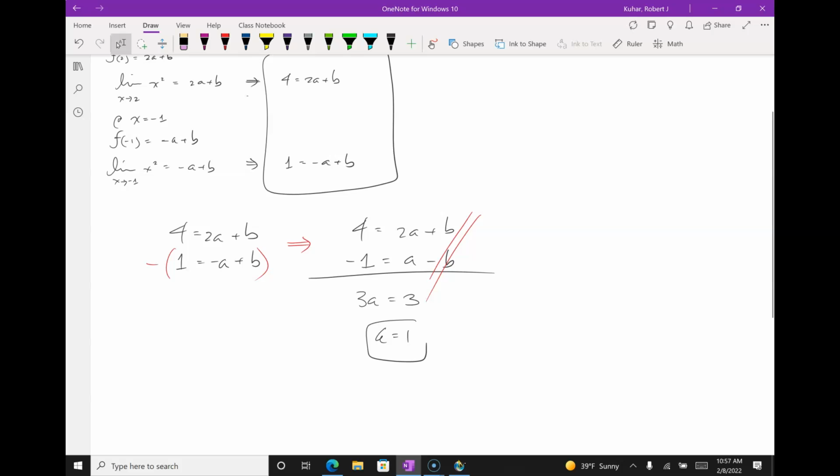So 4 equals 2 times 1 plus b, which gives me b equals 2. Done.